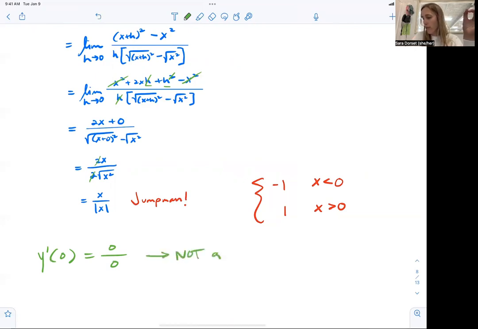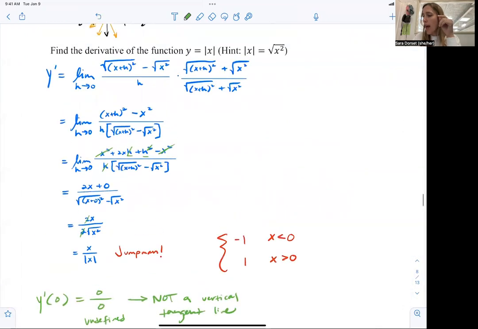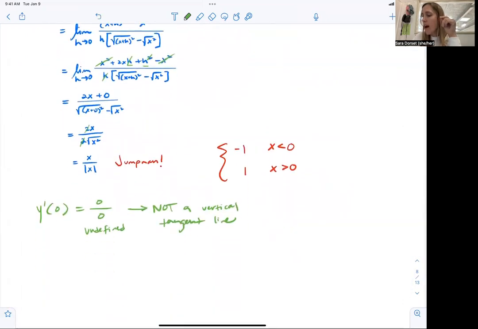Not a vertical tangent line. But it doesn't exist. This is undefined because we've run into indeterminate form. So absolute value of x is not differentiable.